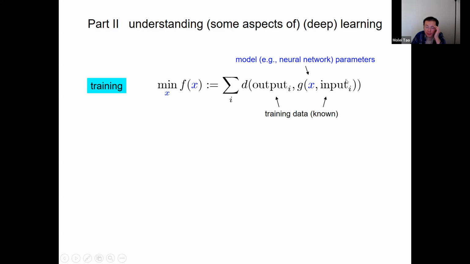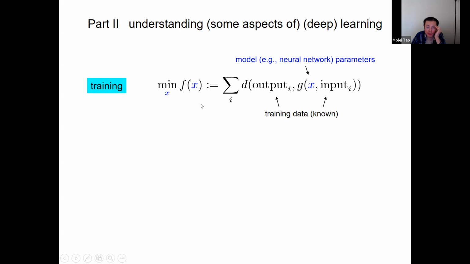Each pair has an input component and also an output label. The goal of supervised learning is that you pick a model called G. It's a parameterized model, and you want to find the parameter of this model, for example the weights and biases of a neural network, such that if you use this model to predict the label, you get good matches with the true label.